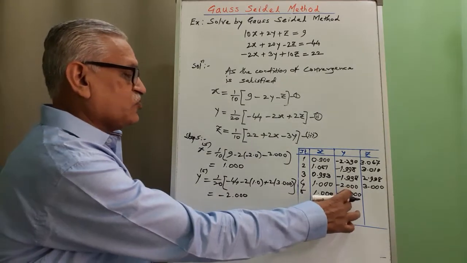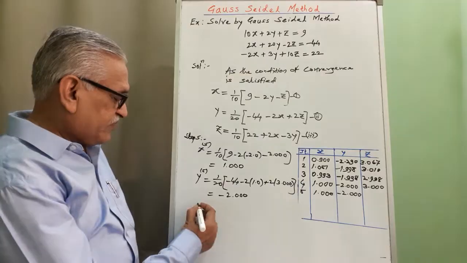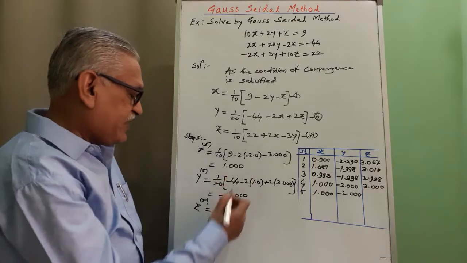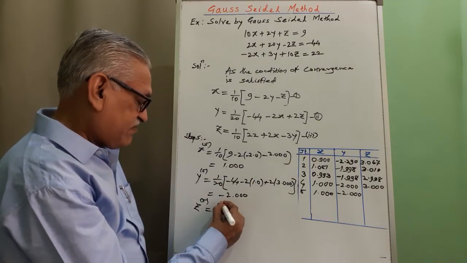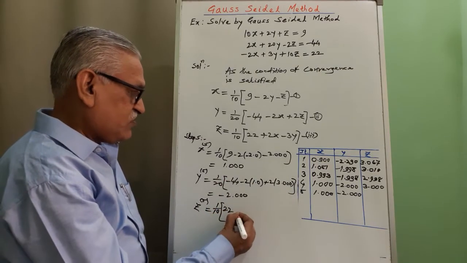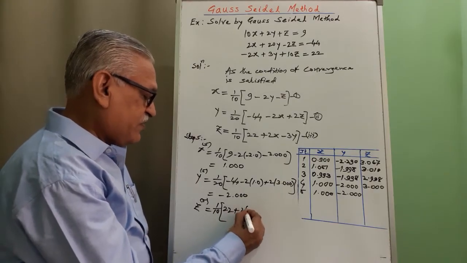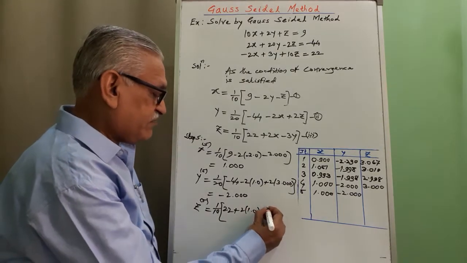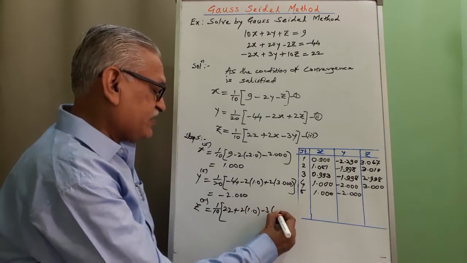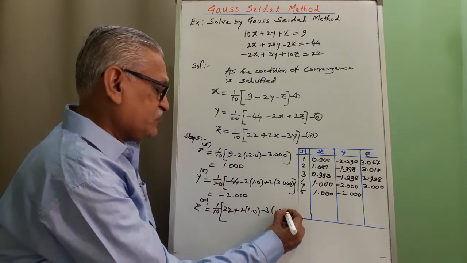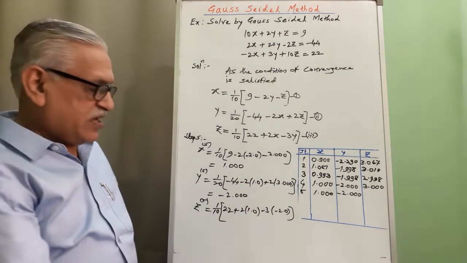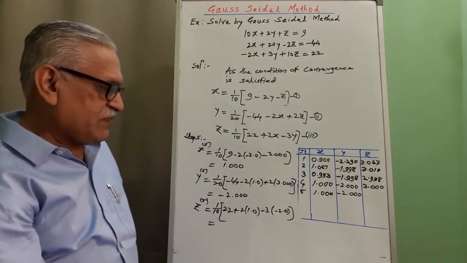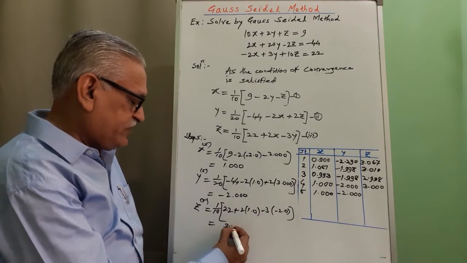Then using these two values in equation 3, we get z5 as 1 by 10 times 22 plus 2 into x. The value of x is 1, and minus 3 times y. The value of y is minus 2.000. Simplifying it, the value is 3.000.